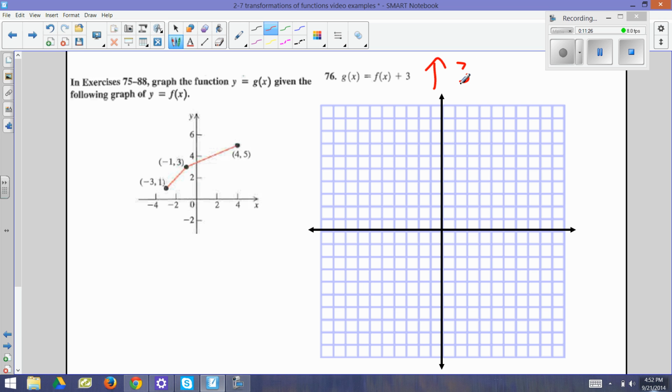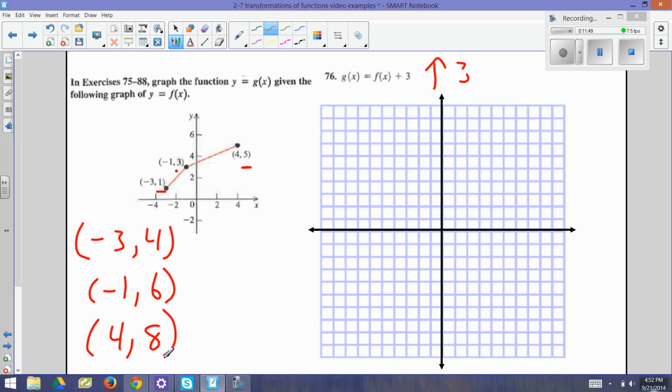If I go up 3, my y is changing by 3 units. I'm going to add 3 to my y's. So instead of being at (-3, 1), I'm at (-3, 4). Instead of (-1, 3), I'm at (-1, 6). And instead of (4, 5), I'm at (4, 8).